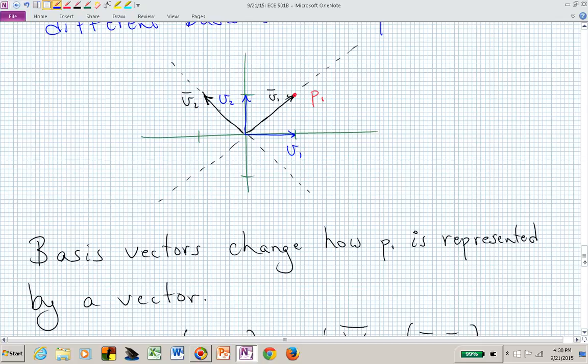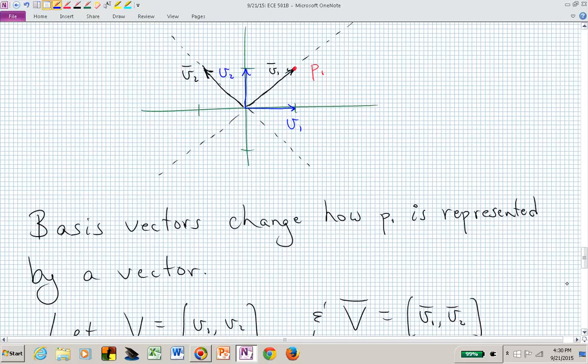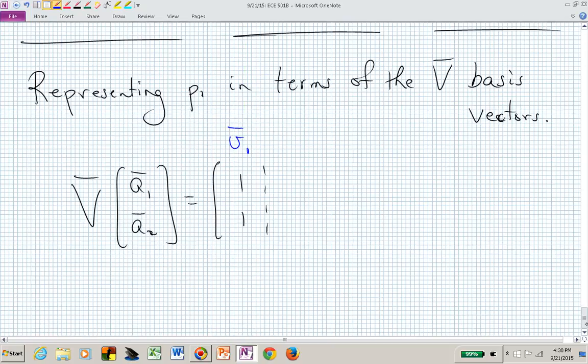What is v sub 2 bar as a vector? That has an x-coordinate of -1 and a y-coordinate of 1. So down here, this is now -1, 1. We want to find how to combine V1 bar and V2 bar by the appropriate scalars, A1 bar and A2 bar, to produce the point P1.